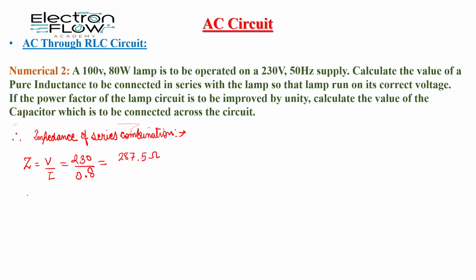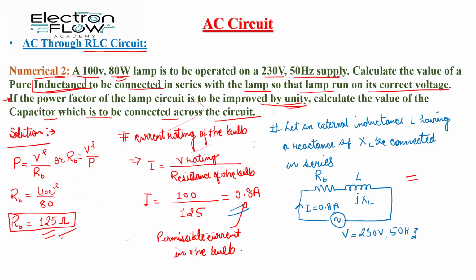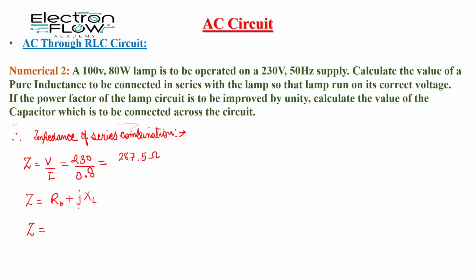Also we know that the impedance is equal to resistance plus j times XL. Let's put in the values: the resistance here is 125 ohm, so 125 plus j of XL.